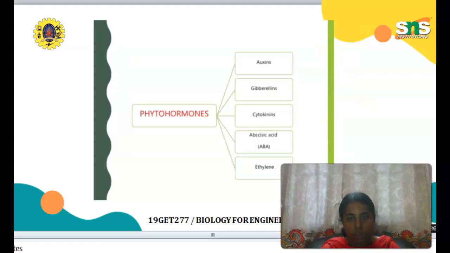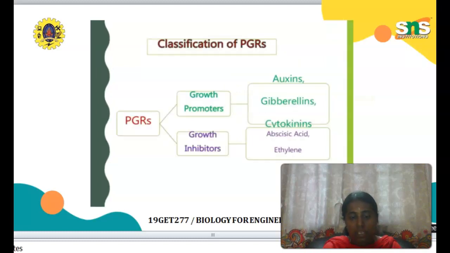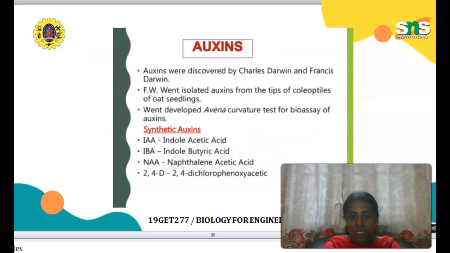So phytohormones. There are five types of phytohormones: auxins, gibberellins, cytokinins, abscisic acid, and ethylene. PGRs are again classified into growth promoters and growth inhibitors: auxins, gibberellins, cytokinins, abscisic acid, and ethylene.